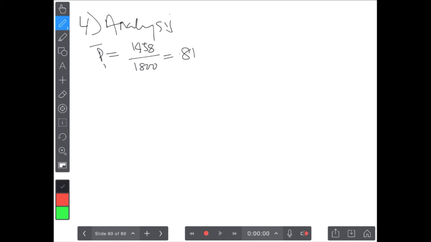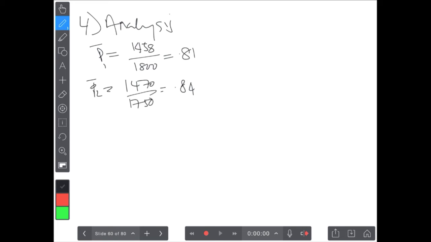In the current year, P bar 2, we have 1470 rooms over 1750. It turns out to be 0.84. So just on the surface alone, you could see that there's been an increase in the proportion of rooms occupied.